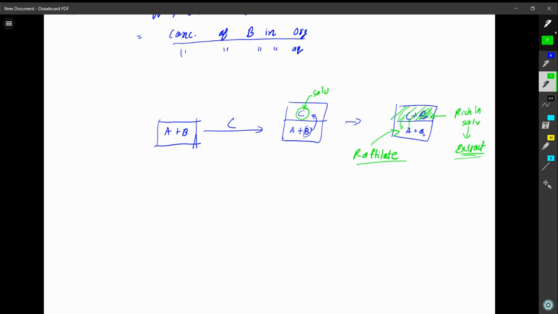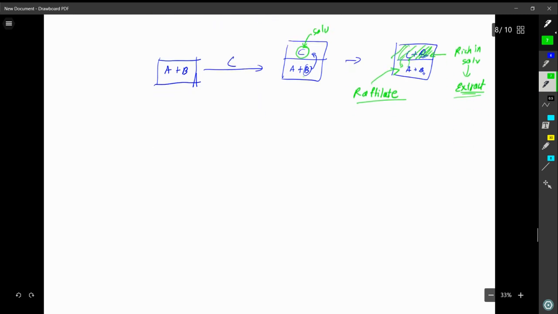Now, this brings us to a very interesting and most probably my favorite concept, called triangular diagrams. Why is it my favorite? Because it simplifies calculation a lot, and also it's a bit confusing, so you have a very good chance to score if you understand it well.